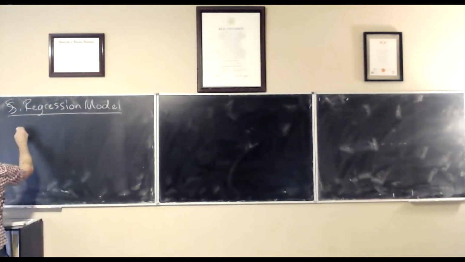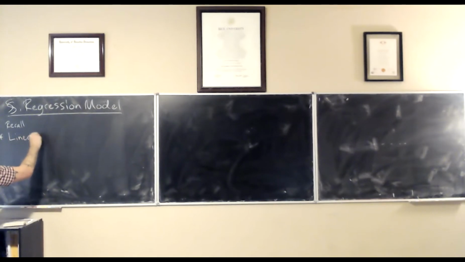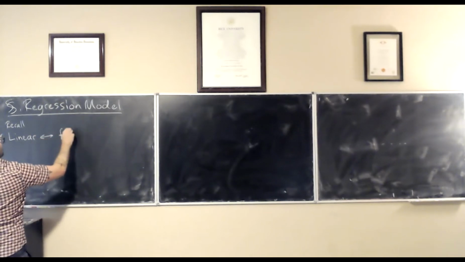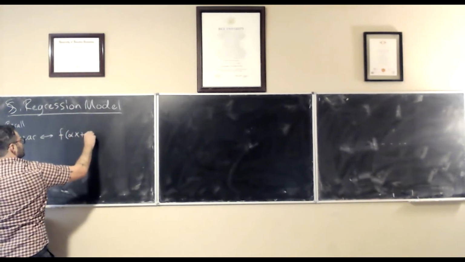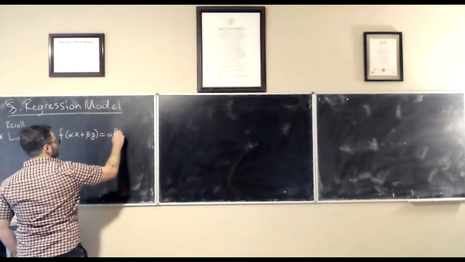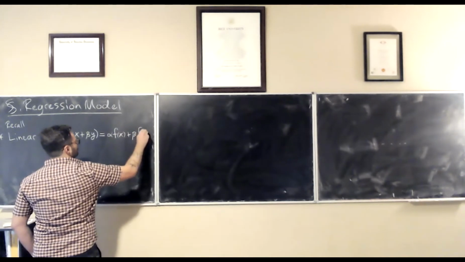Okay, so just recall, the first bit is a linear function of several n variables means that f of alpha times x plus beta times y is equal to alpha times f of x plus beta times f of y.